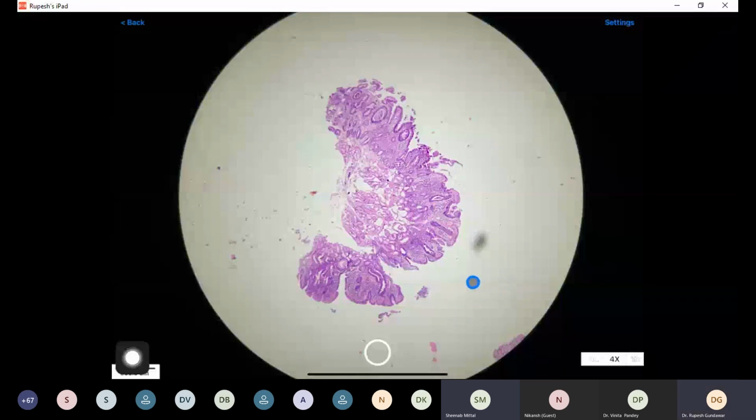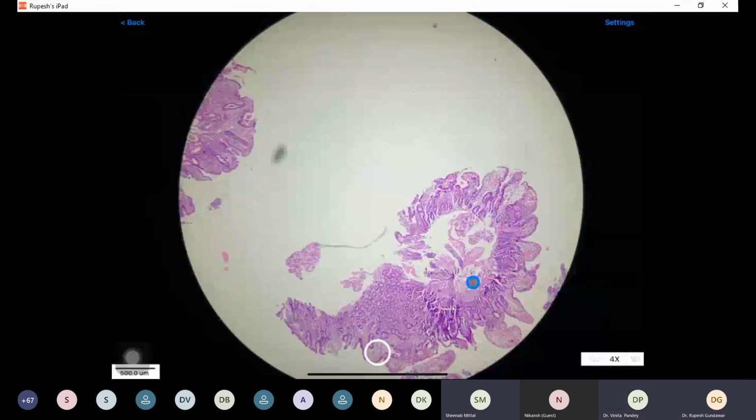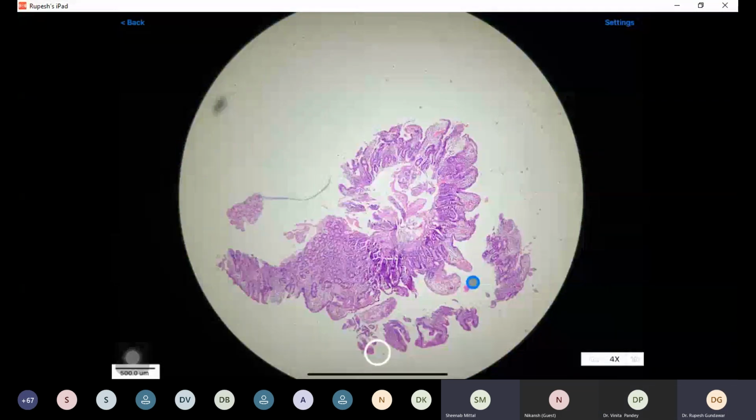Okay, I think my marker is visible now. Here you can see a few villi are there, but still they are broad. A normal biopsy should look like this.